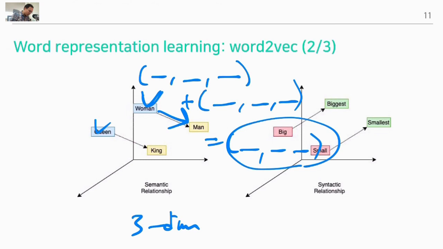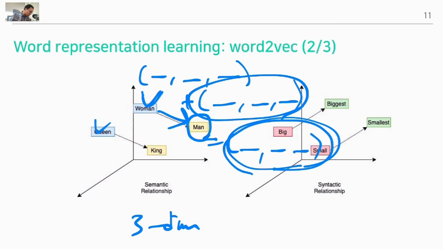We looked at which word is located at this location, and surprisingly, man was here, and their relationship is defined something like this. We add the same relationship vector, which we call R, to the queen, and then we are able to find the king.